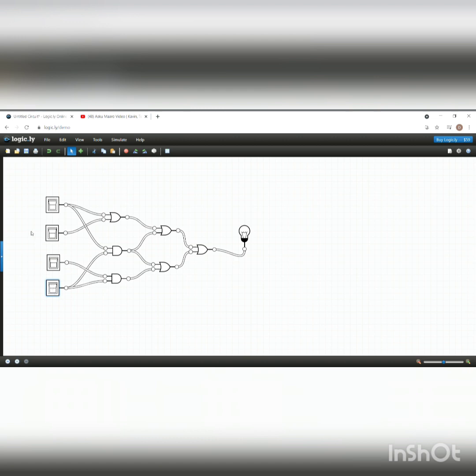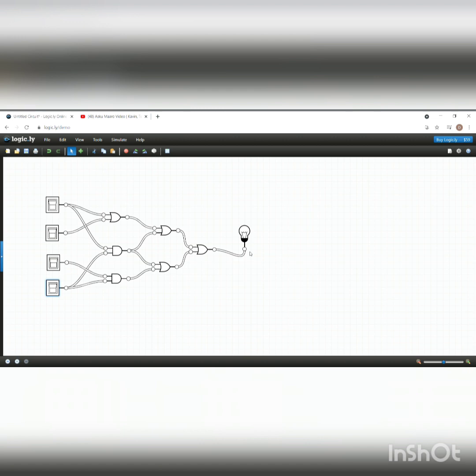The light bulb here will represent the alarm. When the light bulb turns on and lights up, it means the alarm will ring.